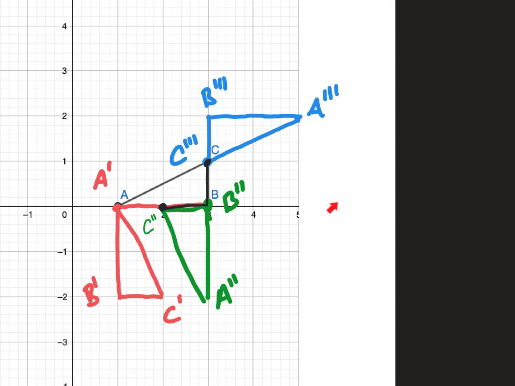Now let's do that with A. If I connect A through my rotation point to my A prime, I should have a 90 degree angle, and I do see that.